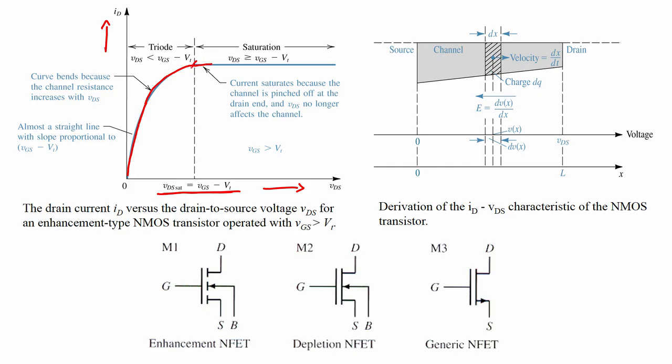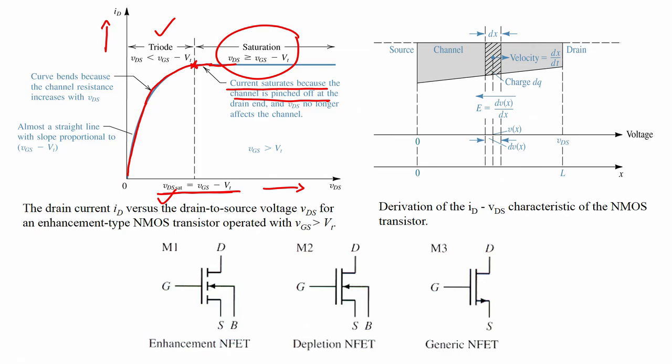This is your VDS saturation, which is here. This region is your triode region. Once it saturates, the current saturates because the channel is pinched off. So, this is the pinch-off voltage, and in the saturation region VDS is greater than VGS minus VT, right.